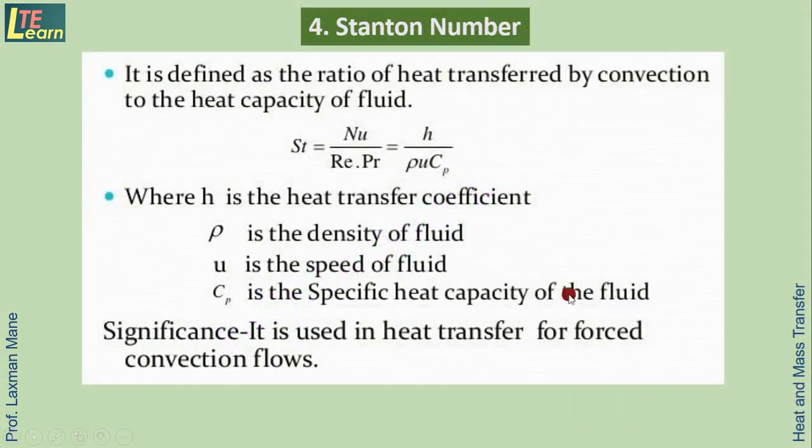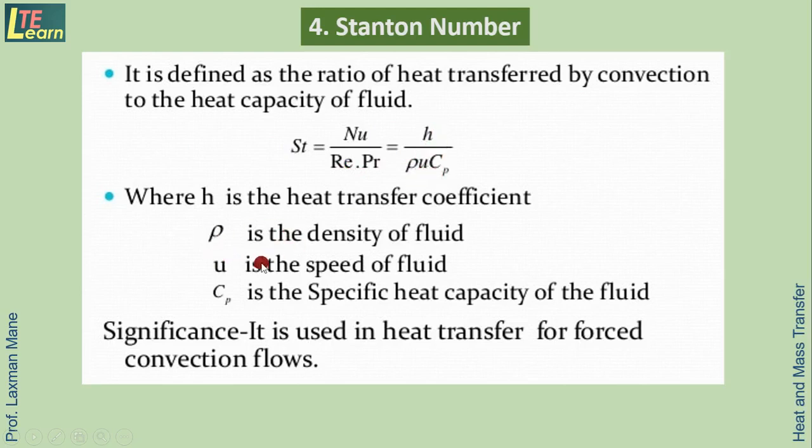Stanton number, it is defined as the ratio of heat transferred by convection to heat capacity. Mathematically it is written as St equals Nu upon Re into Pr, or h upon rho U Cp.